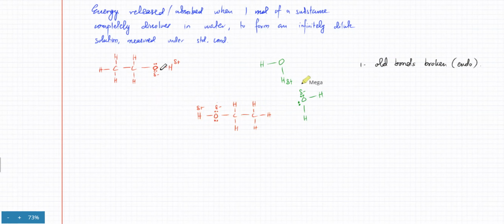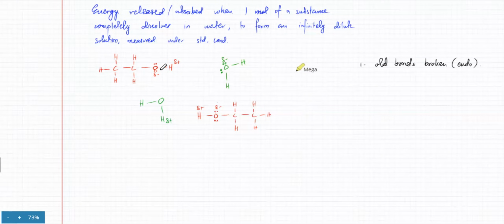So there might be a water molecule over here now. They get mixed up, right? And now new hydrogen bonds are going to be formed. The lone pair on this oxygen would be attracted to the H, which is positive over here, and they would be attracted to each other.